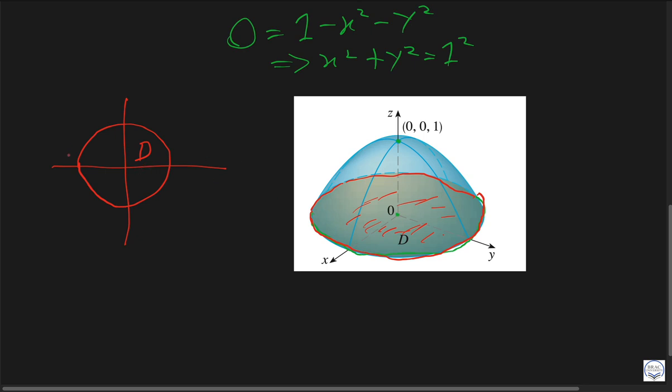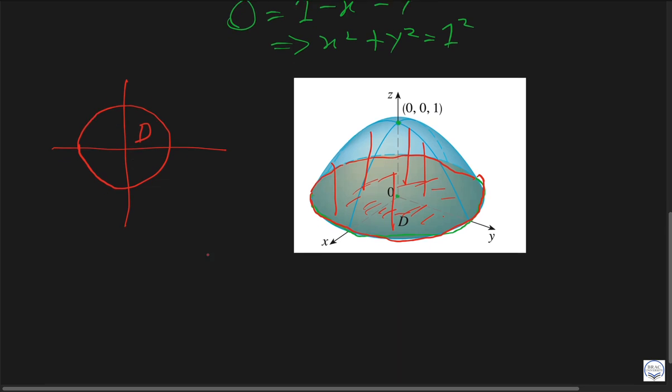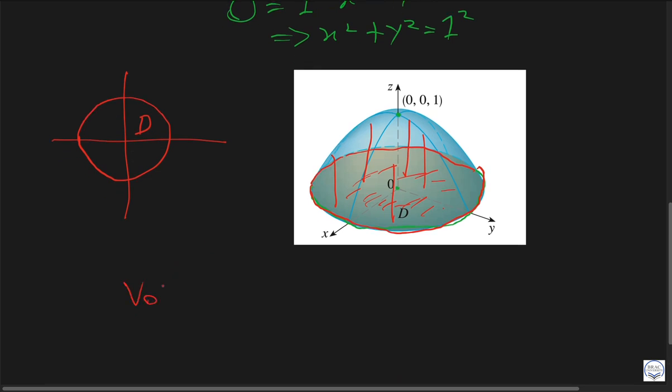Now we want to do the integration so that we get the volume underneath the paraboloid and above this circular disk. So in order to do that, all we need to do is set up the integral.